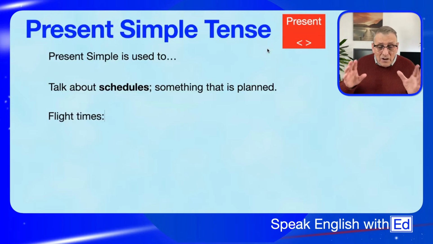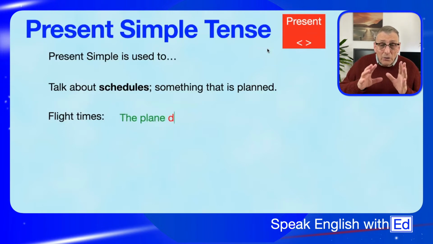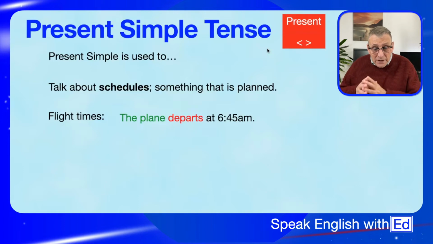Like the flight times. Flight times are scheduled, and we talk about them in the present simple tense. The plane departs at 6:45 a.m. Now, this plane is going to depart whether you're on it or not. If you miss the plane, you've missed the plane because it's going at this time.